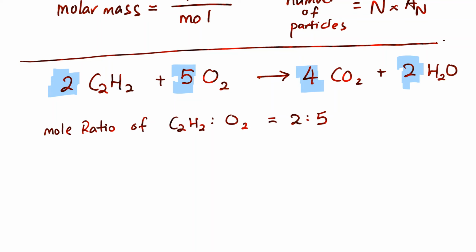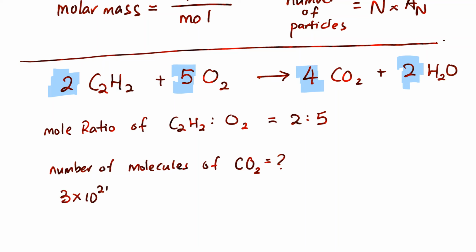Okay. So let's say the question is asking, based on this equation, what number of molecules of CO2 will be produced if 3 times 10 to the power of 24 molecules of O2 is reacted? Remember how I teach you.